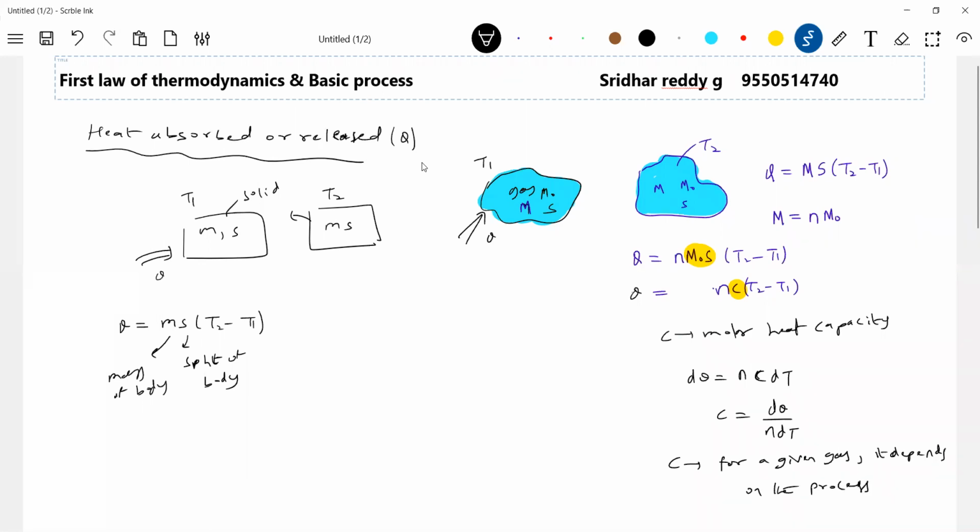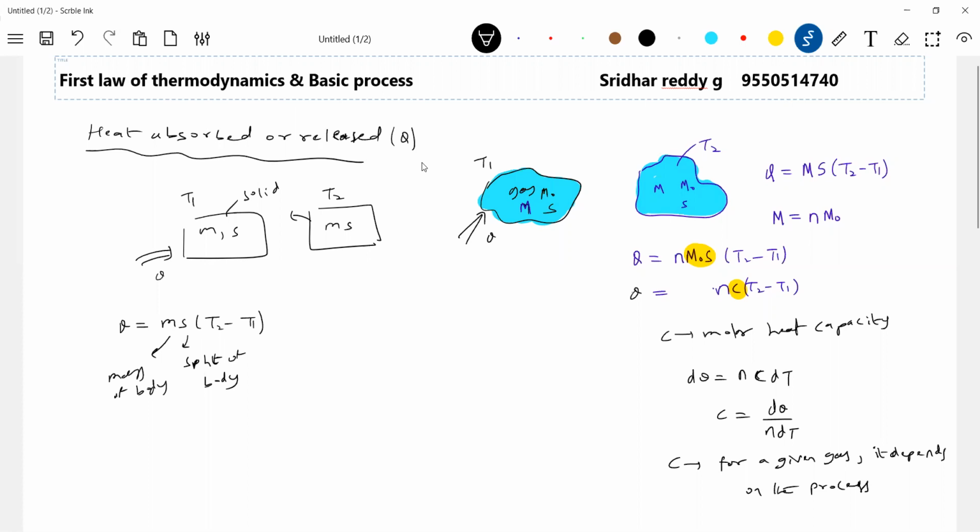Look at water. The specific heat of water is 1 calorie per gram per degree Celsius. The molar capacity of hydrogen is not a fixed quantity. It depends on the process here. How is it possible? Later on, we'll go in depth on that.